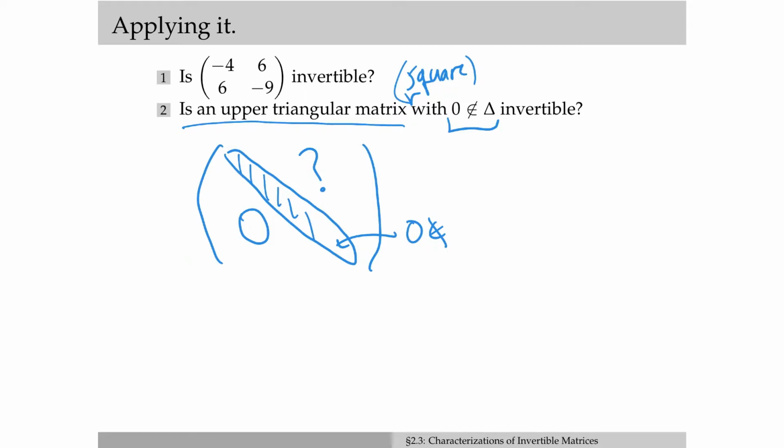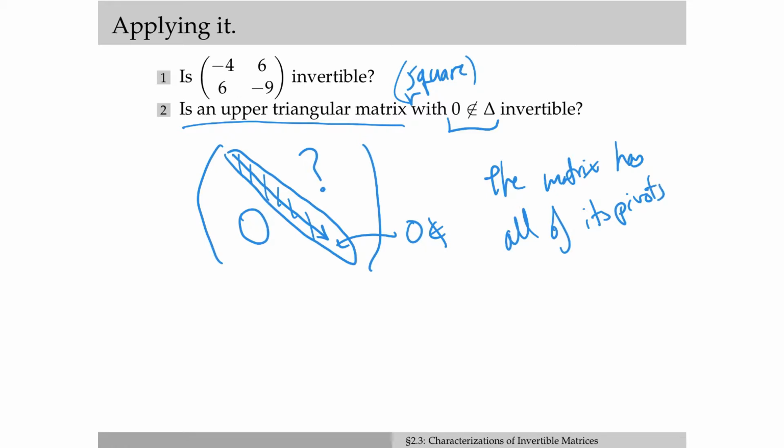Now, going back to our invertible matrix theorem, I contend that the easiest way of seeing this is as follows. We know that in a square matrix, we want the pivots to all appear along the diagonal. Well, if 0 is never on the diagonal, then that means that the matrix has all of its pivots.